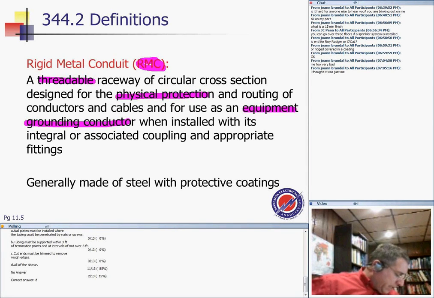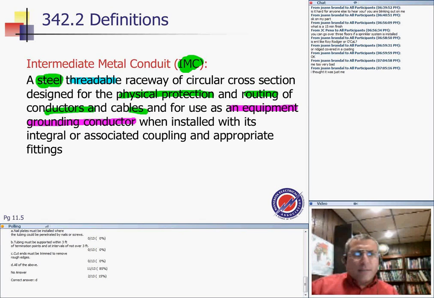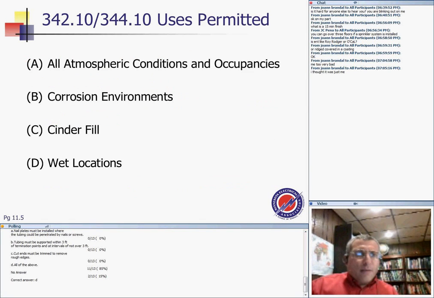So basically 3 types of rigid versus IMC being only 1 type. Very important, guys. And look at the word generally: generally made of steel, but it doesn't have to be, with protective coating, always protective coating because of rusting. Any metallic object is going to rust. I emphasize the word steel in IMC, guys, and steel in rigid. So very important.